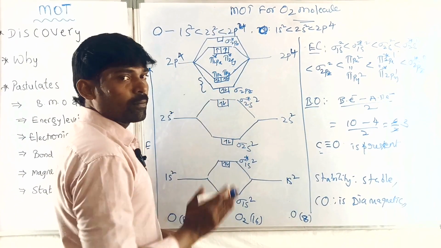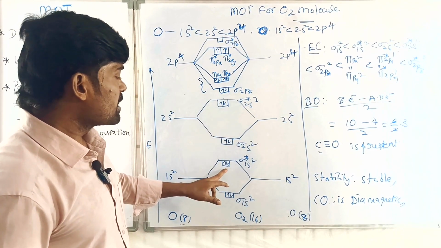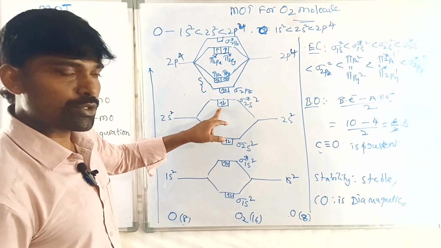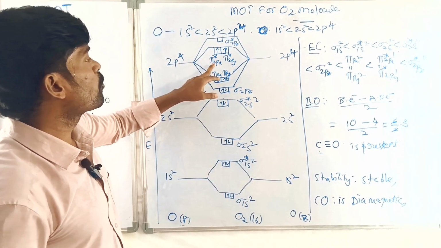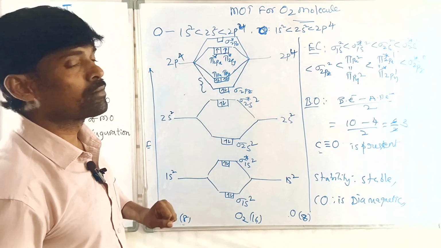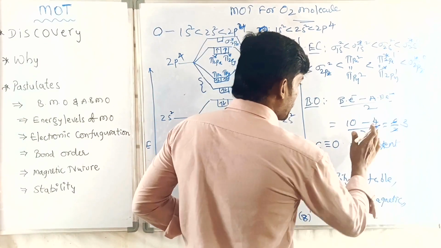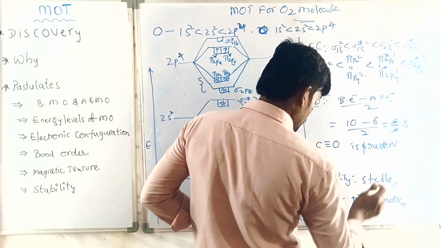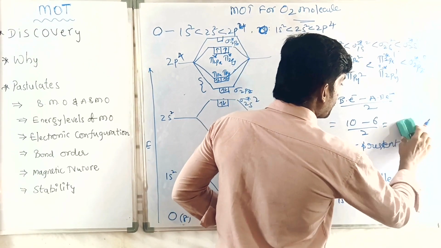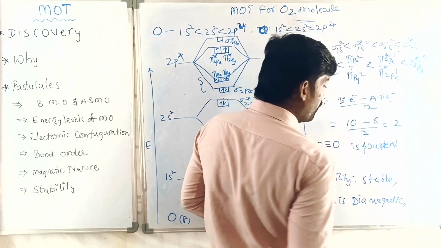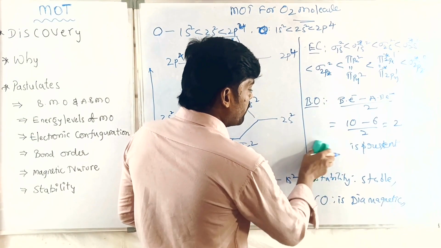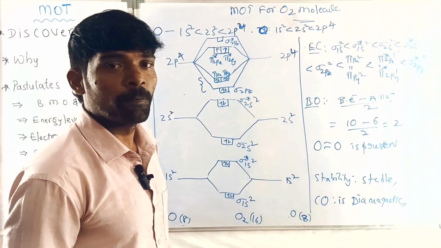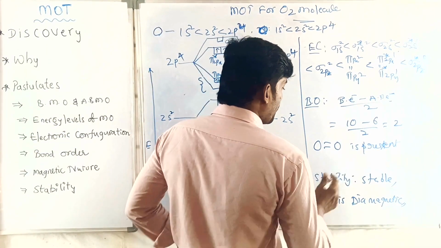Coming to antibonding: sigma star 1s2, 2 electrons, sigma star 2s2, 2 electrons, total 4, pi star 2px1, pi star 2py1. So total antibonding electrons are 6. So 10 minus 6 is 4, 4 by 2, the answer is 2. It means that between oxygen and oxygen, a double bond is present.